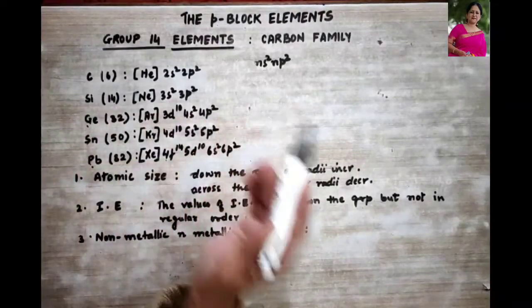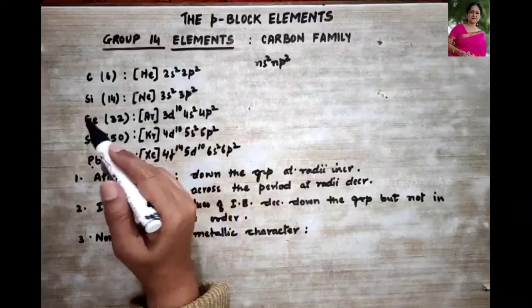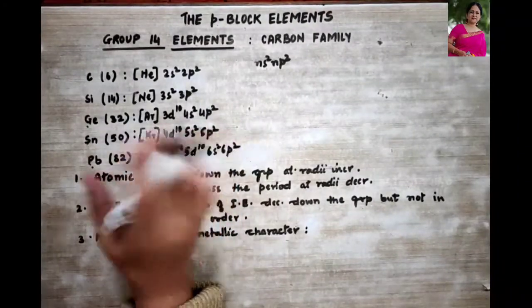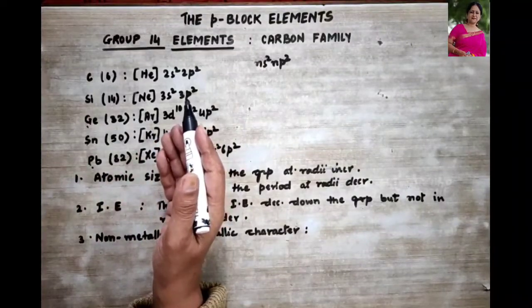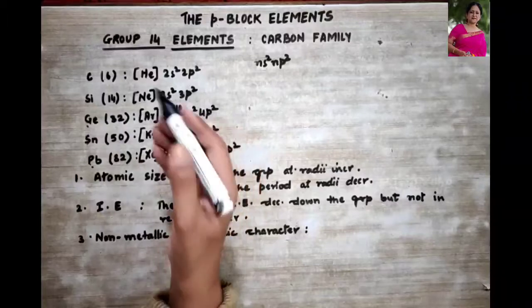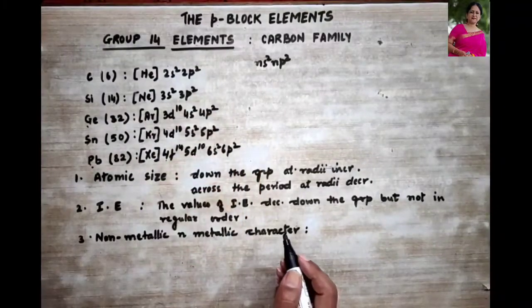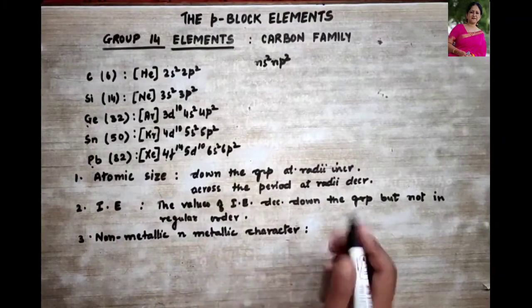Due to increased atomic radii, or in other words, due to the reduced effective nuclear charge and increased number of orbitals, with the size of the atom also increasing as we go down the group. Clear? So non-metallic and metallic character is also clear.